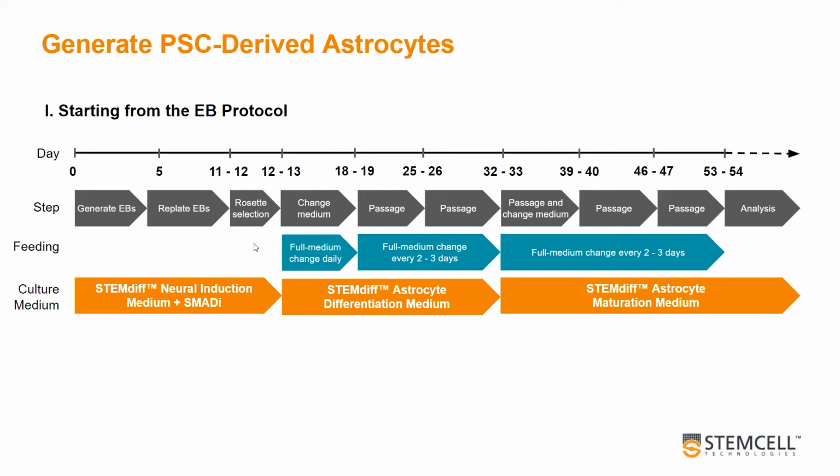Although the whole process will take almost 8 weeks, the protocol is not difficult to handle. Meanwhile, there are 2 freeze points in this process, one at the neural progenitor cell stage, one at the astrocyte precursor stage. You can freeze down the cells at these 2 time points and store them for future usage.